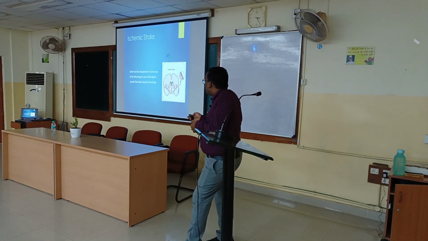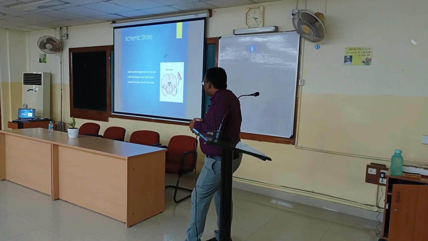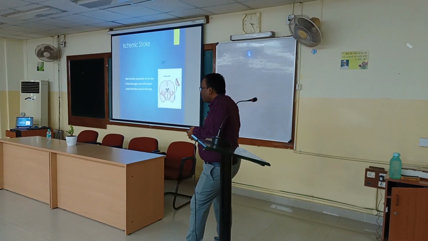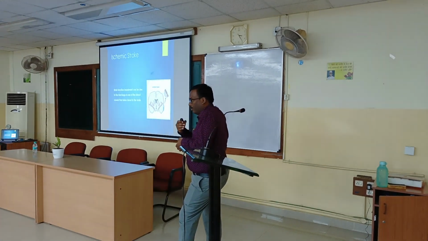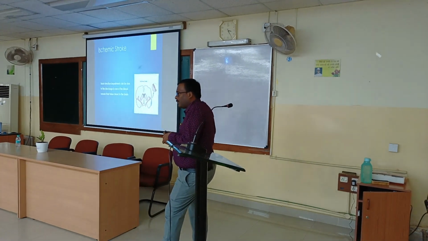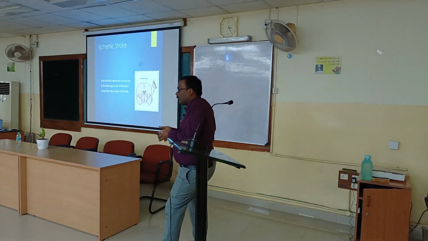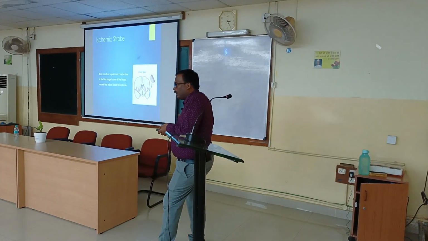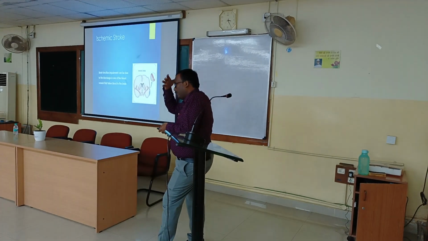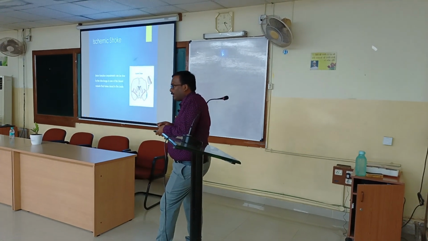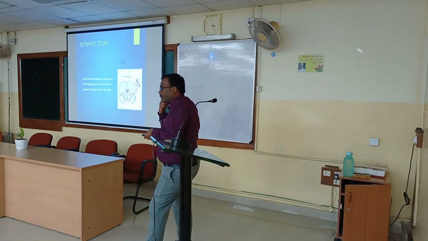Coming to ischemic stroke, the brain function impairment can be due to a blockage in one of the blood vessels that takes blood to the brain. Starting from the heart through the neck to the brain, we have major blood vessels. The one at the front is called the internal carotid artery. That is for the major brain. The other major vessel is the vertebral artery, which is for the small brain.